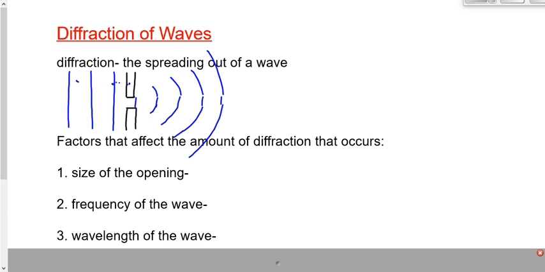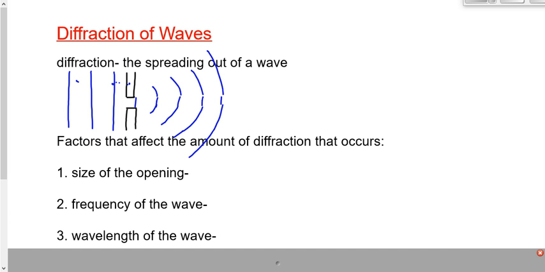There's three factors that we want to look at here in order to determine what's going to cause more diffraction, more spreading out. If the size of the opening is small, then the amount of diffraction will increase.